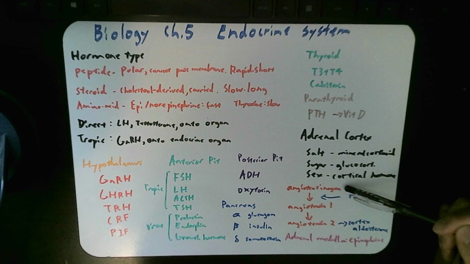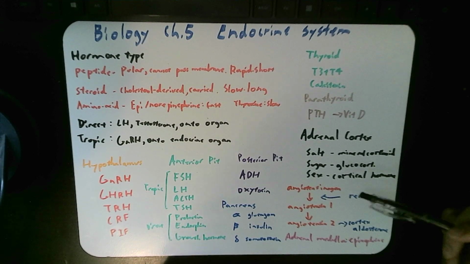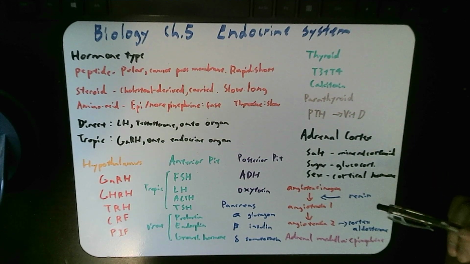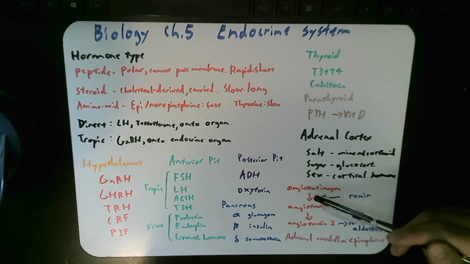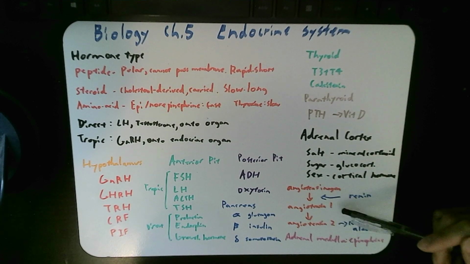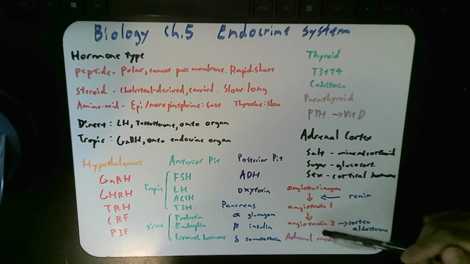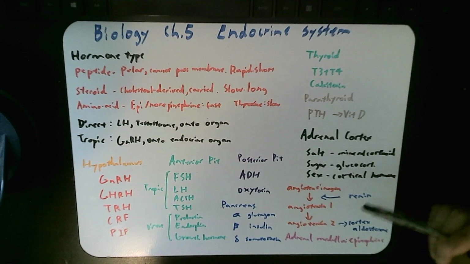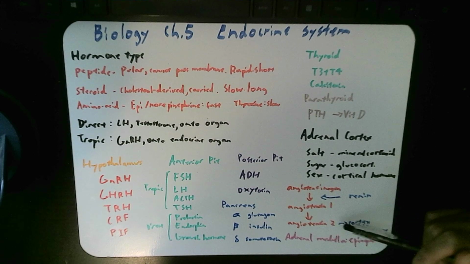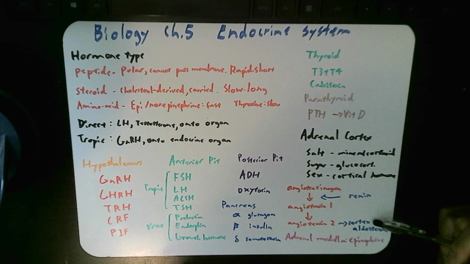So angiotensinogen, like pepsin, is like the inactive form of the enzyme, and renin will be released from a juxtaglomerular cell from the kidneys and act on this, and it will be cut and cleaved into angiotensin 1, which will be converted to angiotensin 2 by ACE, the cutting enzyme from the lungs, and angiotensin 2 will then act on the cortex to release aldosterone, in which it will increase reuptake of water.